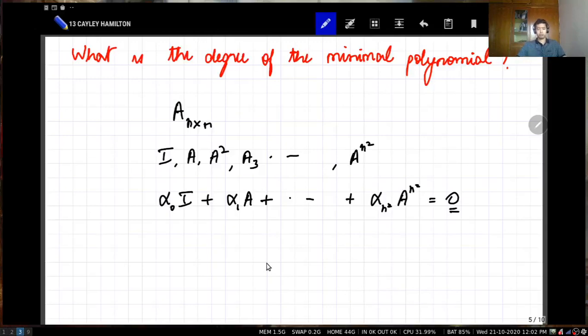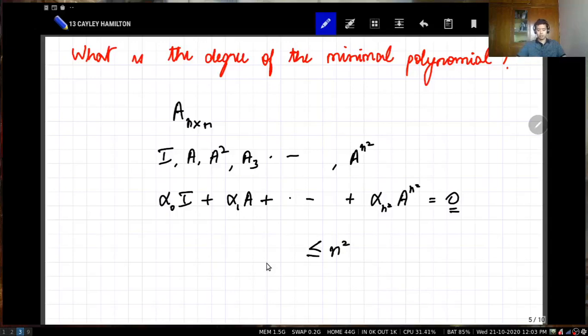Otherwise, you would be able to find a linearly independent set of size n squared plus 1, which is impossible because a basis is necessarily a maximal linearly independent set, right? So therefore, this tells us that the degree of the minimal polynomial must be less than or equal to n squared.